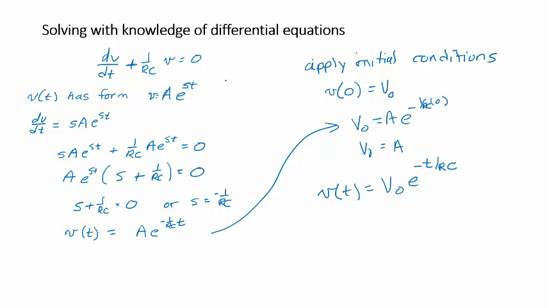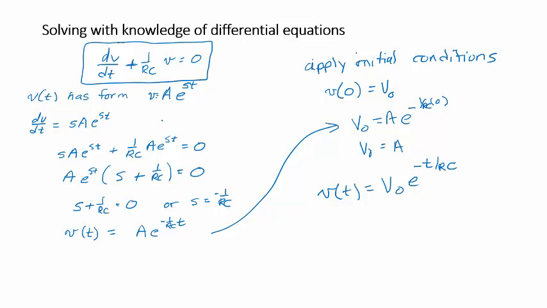I just looked at it as a different approach because I wanted to attach some meaning for you to what this differential equation really means. It means that we're looking for some function v of t that solves this equation. From differential equations you will learn that only an exponential function will solve this first order differential equation.